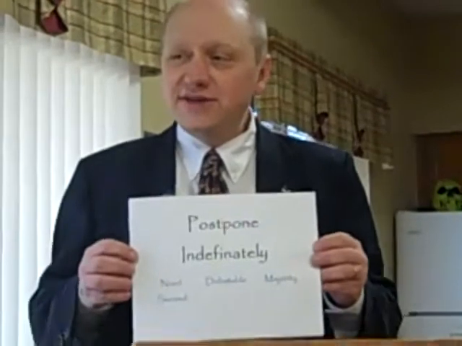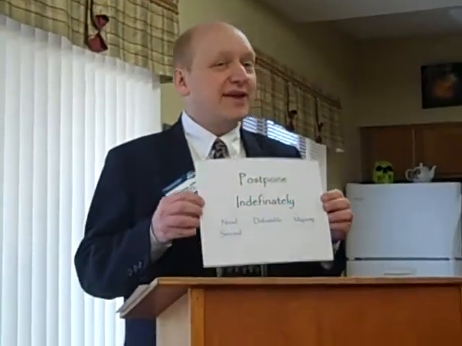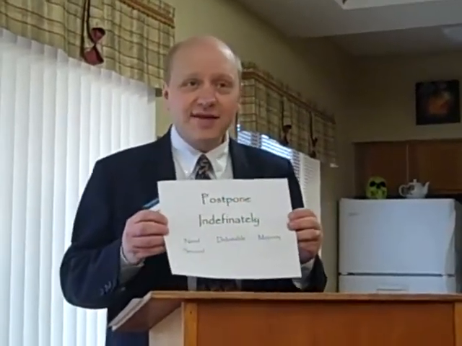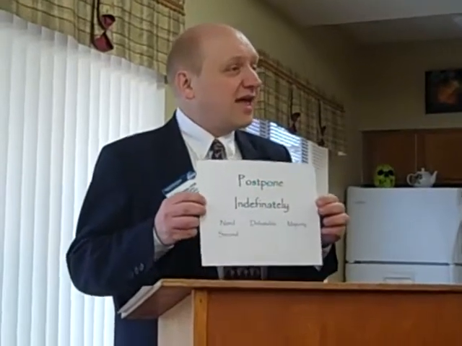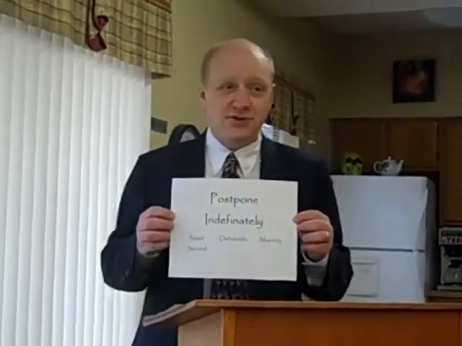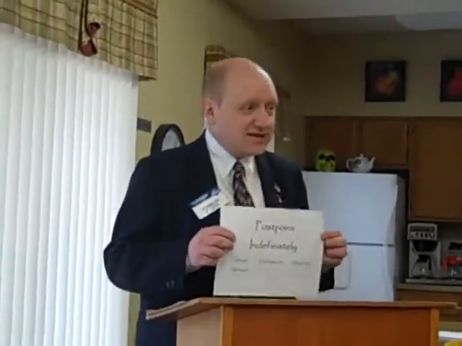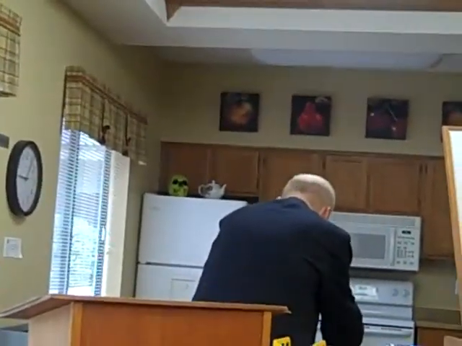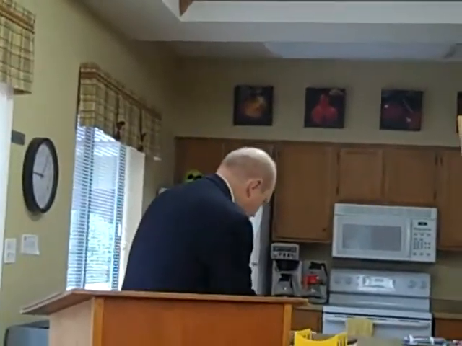Someone would make a motion to postpone indefinitely. It needs to be seconded, and it requires a majority of the assembly to pass it. It's also debatable, so you can debate the merits of postponing indefinitely. The second type of subsidiary motion is an amendment.